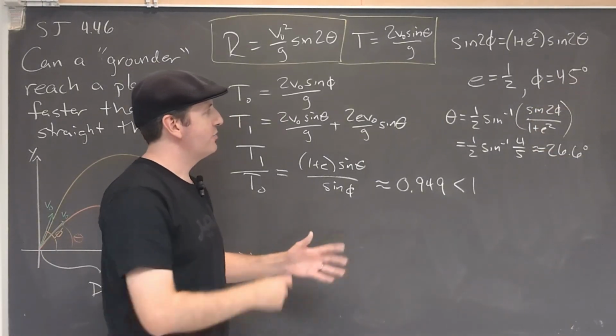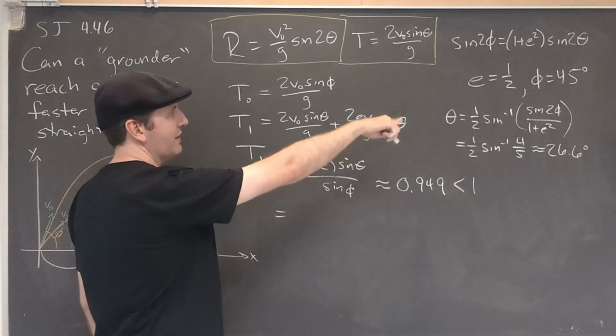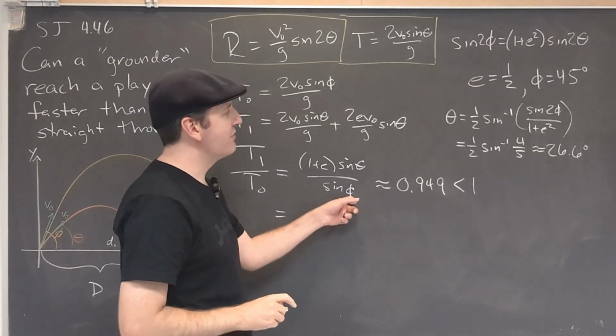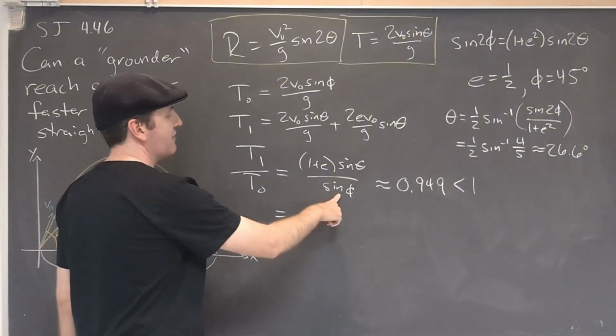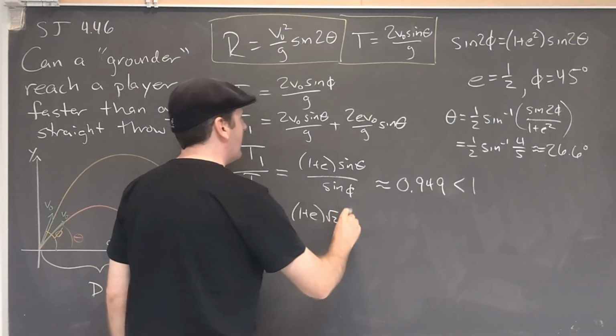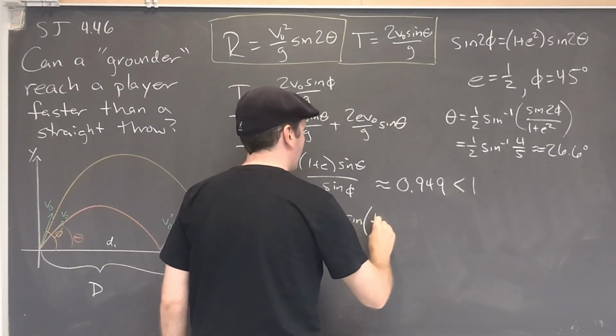Now, we can ask about different ranges we might put here, so let's go ahead and write this down in its generality based on this, assuming that we have a 45-degree launch angle, but keeping e a variable. So now that sine 45 in the denominator will pick up a √2, and then we have the sine of this inverse sine stuff.